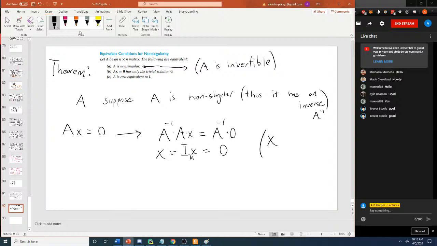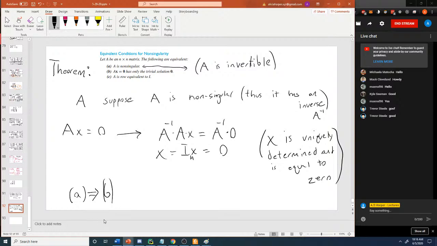So X is uniquely determined and is equal to 0. So this completes the proof that A implies B.